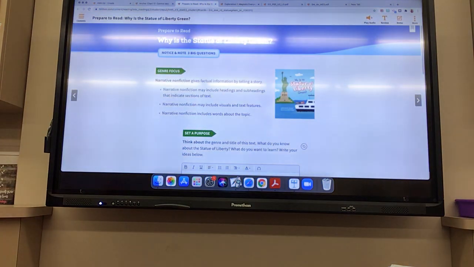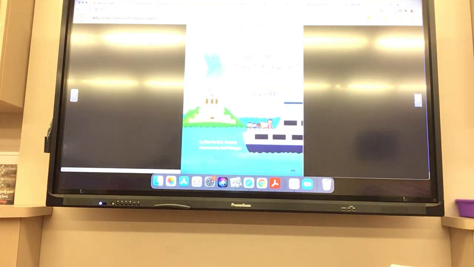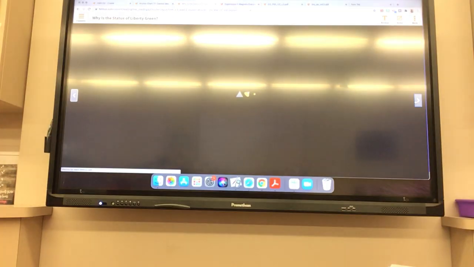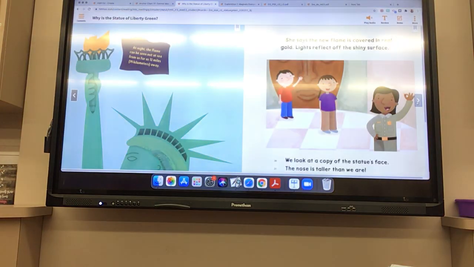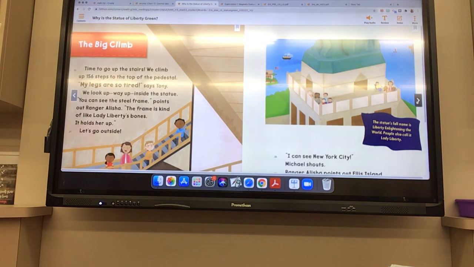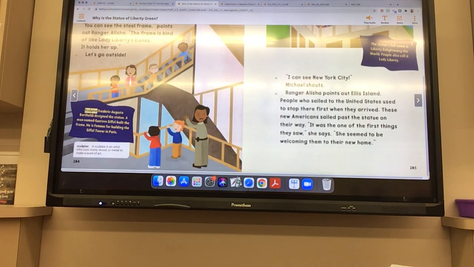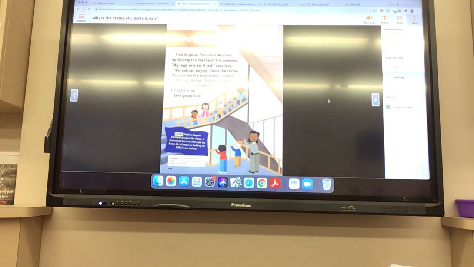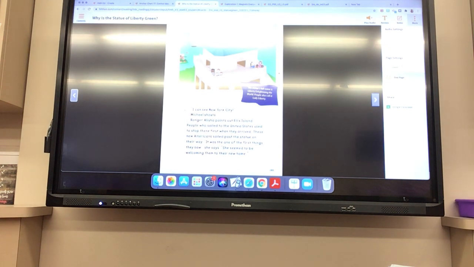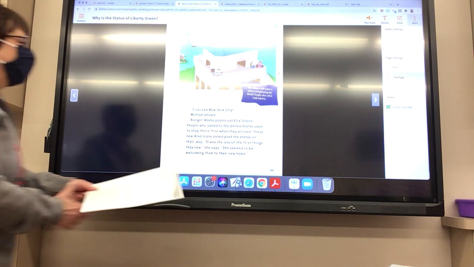I'm going to find 285 in here. Here it is, 285. I'm going to switch this to one page. There we are on 285.